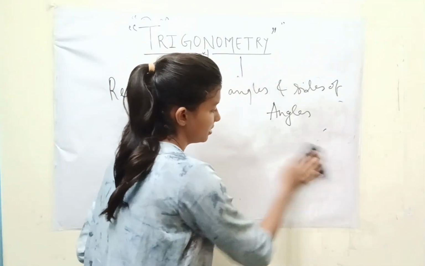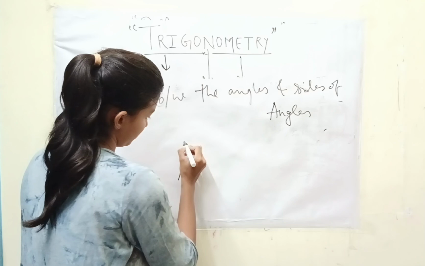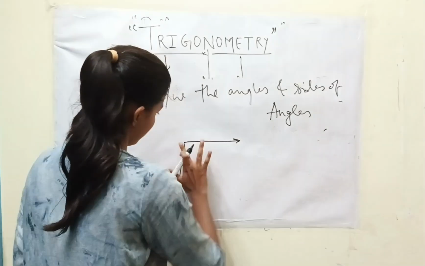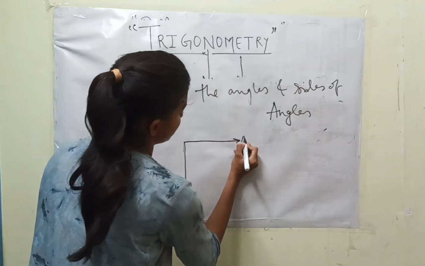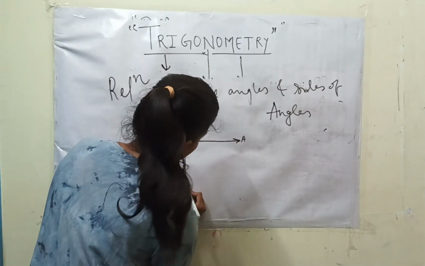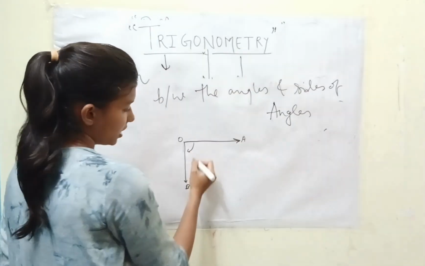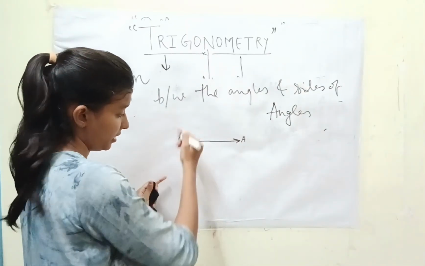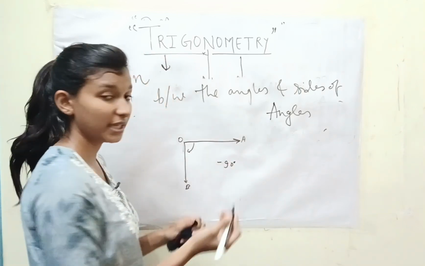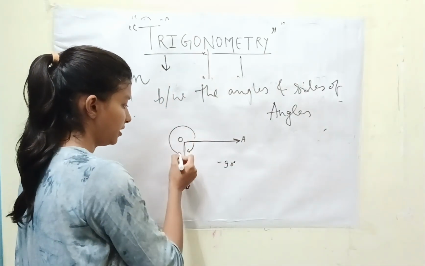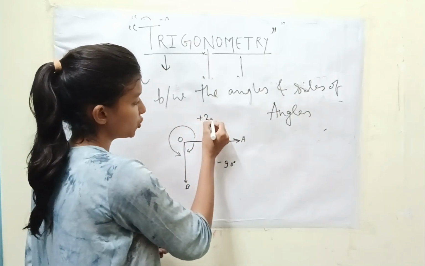Now, just see one example. Suppose here it makes an angle. Now, if we calculate it in clockwise manner, then this is minus 90 degrees. But if we calculate it in anti-clockwise manner, then we will write plus 270 degrees.